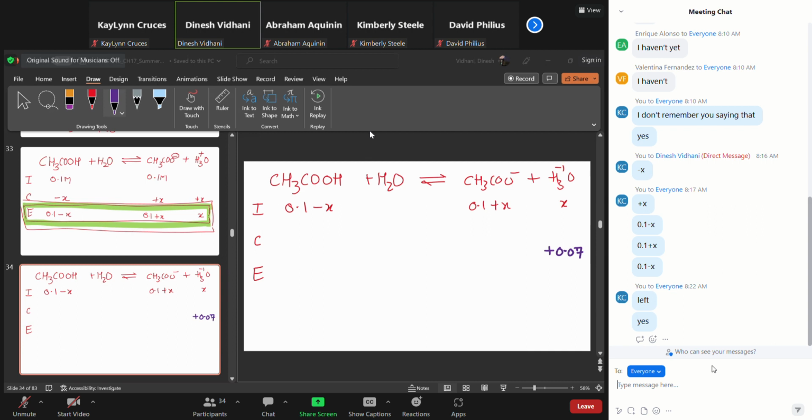So we got a problem with the sign. See? This sign is a problem because what you're not seeing is another equilibrium, which is now driving to the left side. So this sign should be negative. I agree with you guys on that one, right? I will give you that. Very good. So if this is negative, then this 0.1 plus X is going to take out exactly the same amount on the left side.